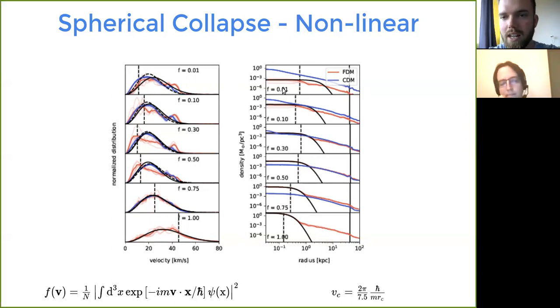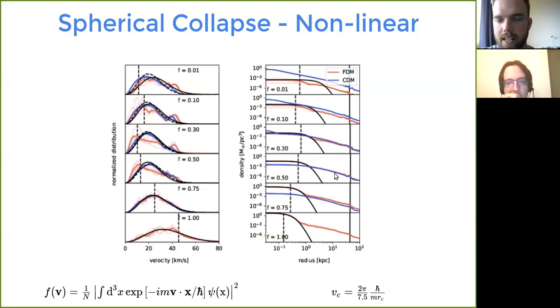And these results are for the final radial density profiles that we obtain after slightly more than four free fall times, so long time after virialization of that mixed dark matter halo.